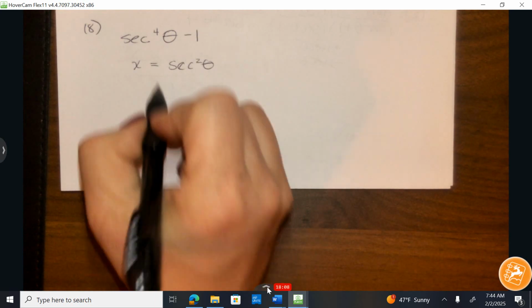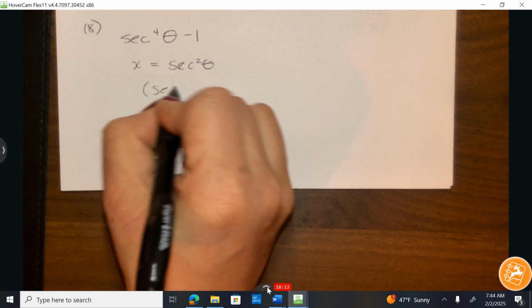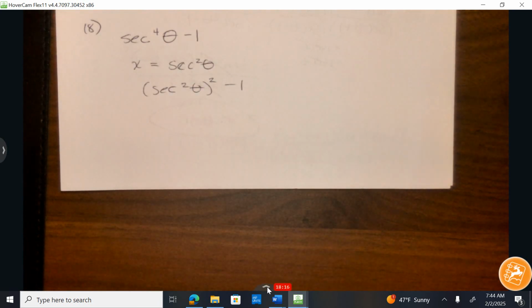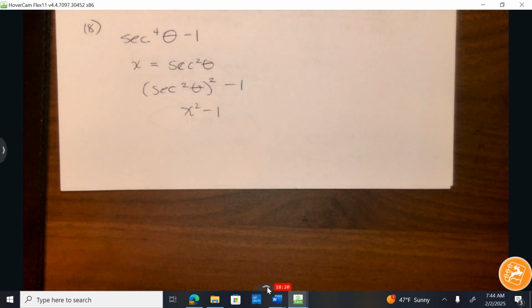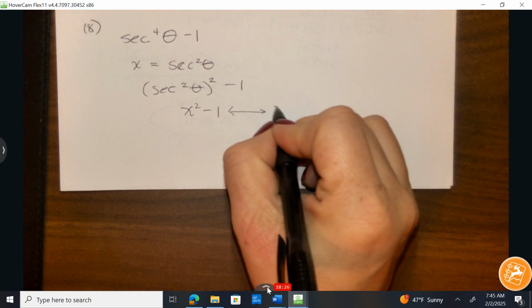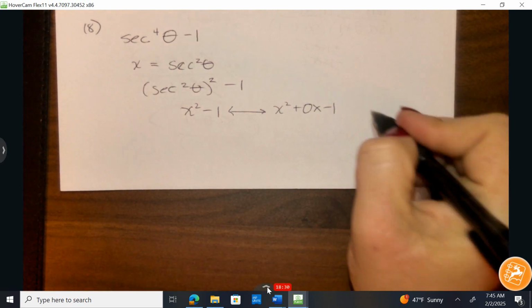So if I rewrite this, before I even put an x there, this would be secant squared theta, but then I have to have it to the fourth minus 1. So this really becomes x squared minus 1. If I asked you to take x squared minus 1 and to write it in a different form, hopefully you'd recognize that there's no b term there. There's a missing b term. So how do we factor this?